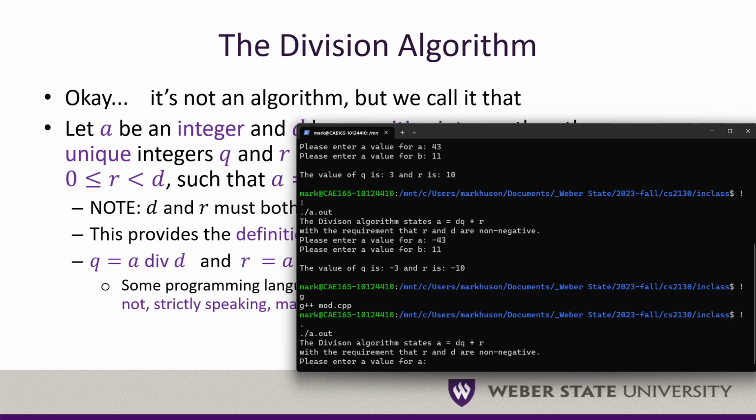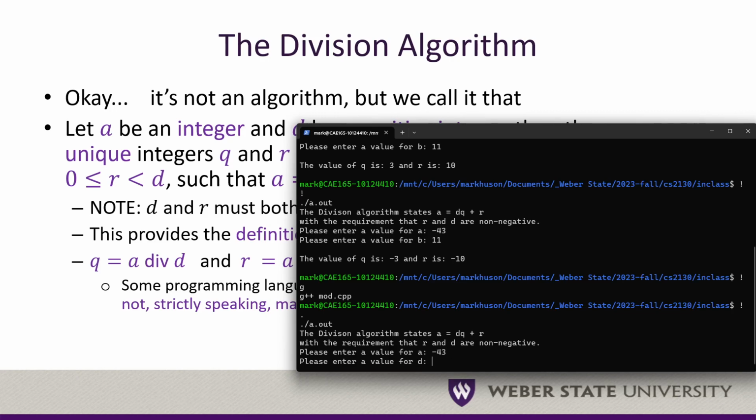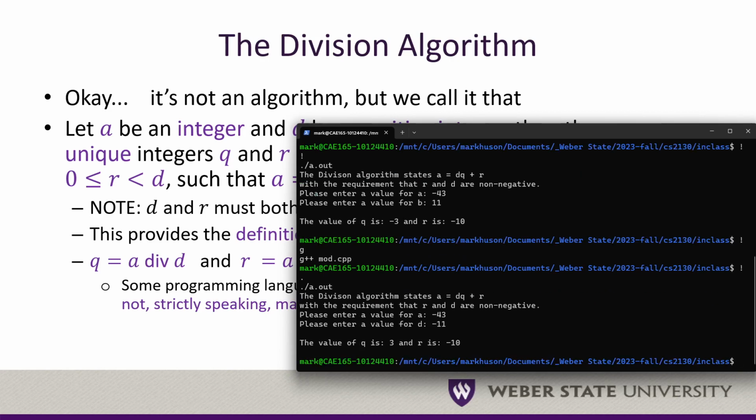Now if I enter, let's say, negative 43 and negative 11, we can enter negative values here. And now we get a positive quotient and a negative remainder.